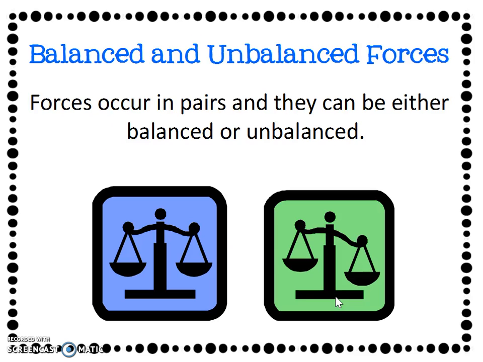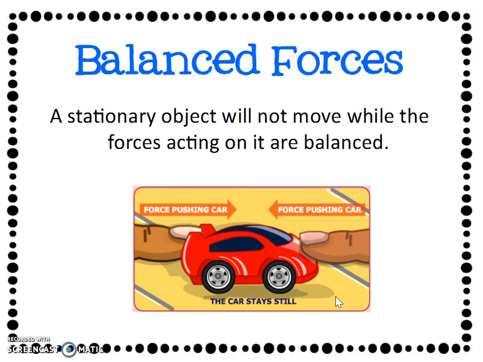All right, so there are balanced and there are unbalanced forces. And these forces occur in pairs. And those pairs can either be balanced or unbalanced. So let's look at that. Balanced forces. This is pretty much when an object is not moving. So this says a stationary object will not move while the forces acted on it are balanced.